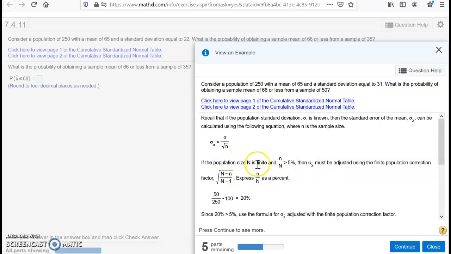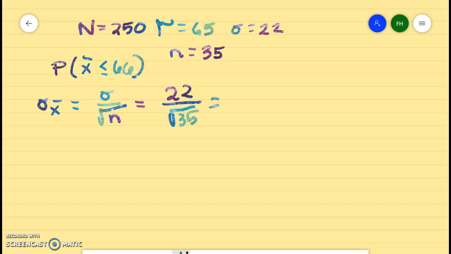So if the population size N is finite and n divided by N is greater than 5%, let's see if n divided by N is greater than 5%. If you do 35 divided by 250, it is 0.14, times 100 is 14%.